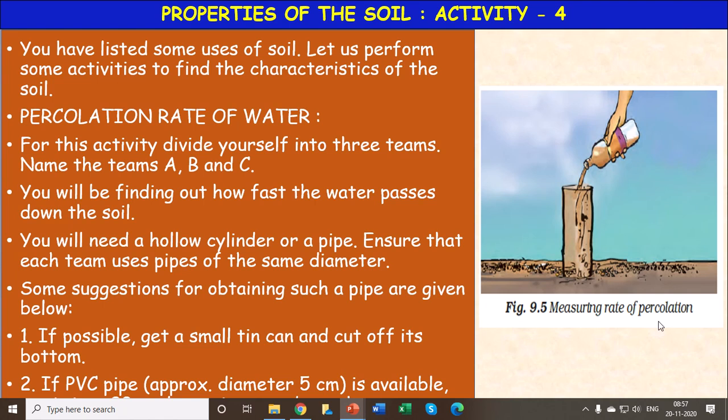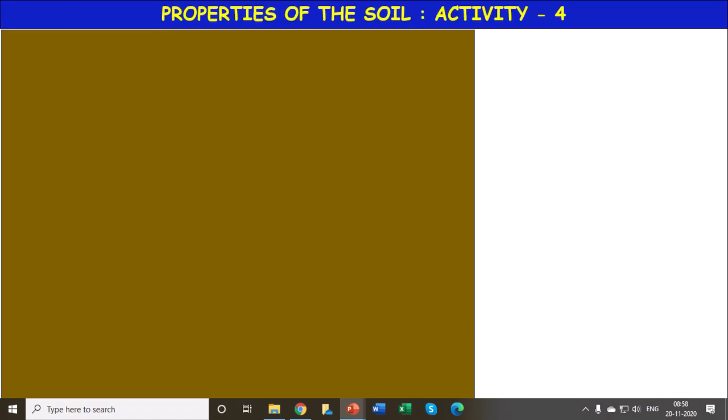You can take the help of elders or your teachers to cut the pipe. All three groups have to select the same diameter and the same height pipes, and perform the experiment.